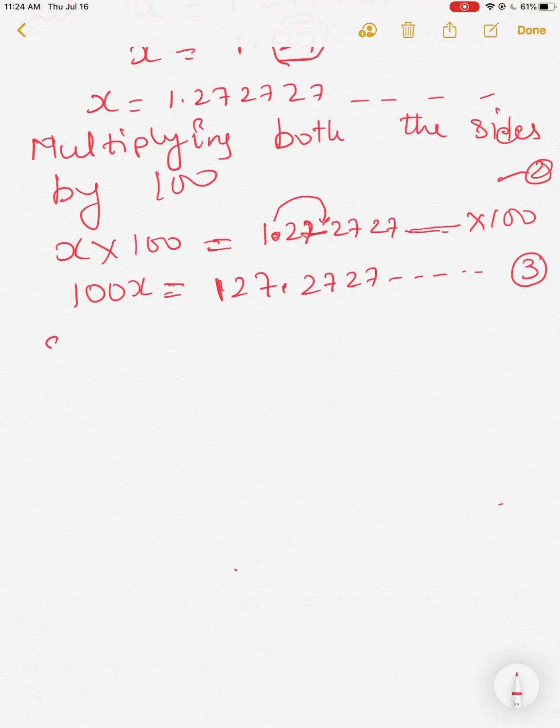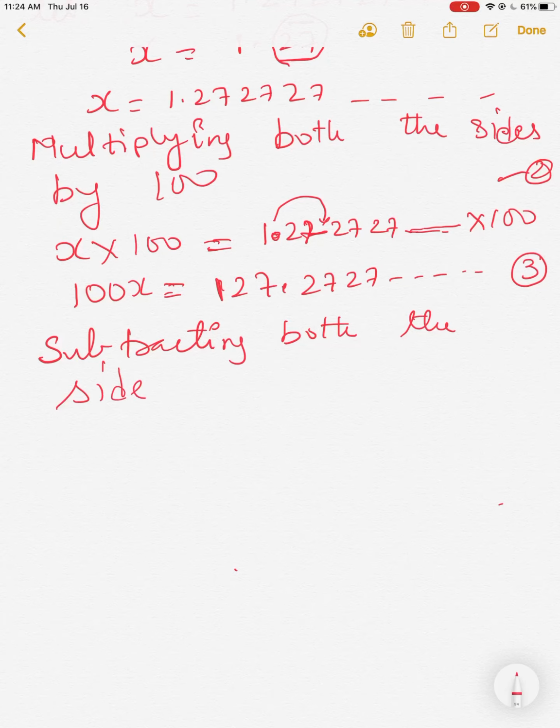In the next step, what will we be doing? Subtracting x on both the sides. On the LHS we have 100x, minus x.